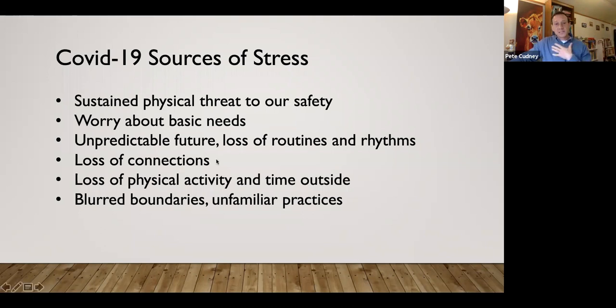Through social distancing, we've lost connections. We don't see each other, we don't hear each other, we don't laugh in rooms with one another in the same way. For some of us, we're isolating at home with family members, with pets, and others of us are isolating at home completely alone.